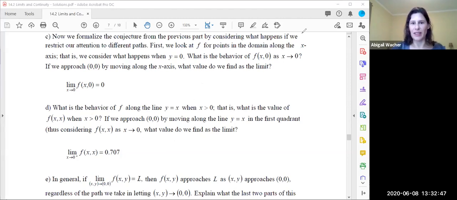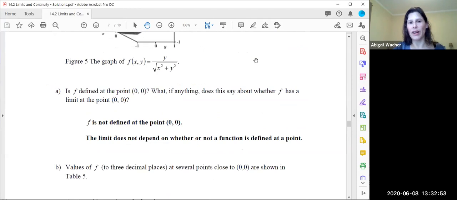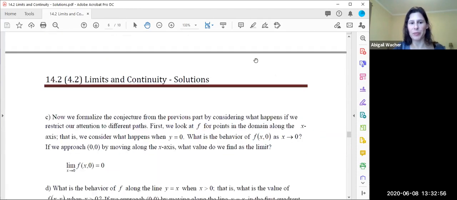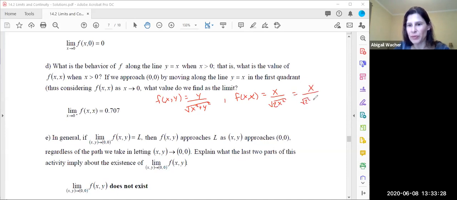this is where we would actually take the function. So let's look back at the function again. The function is y over square root of x squared plus y squared. So f of x, y is y over square root of x squared plus y squared. But if we replace the y with x, f of x, x equals x over square root of 2x squared, which equals x over square root 2 times x.